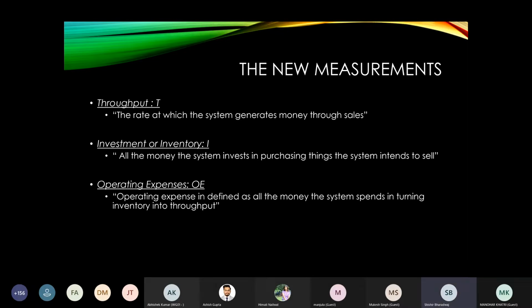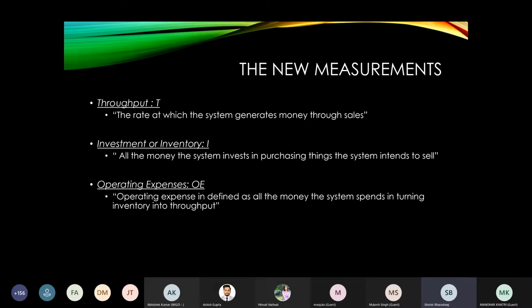And then operating expense is defined as all the money the system spends in turning inventory into throughput. You'll see here we're talking about the system as a whole, not departments. So all the money that the company or a system spends to convert inventory into throughput. So there's nothing called overheads. There's nothing called direct cost. There's nothing called cost allocation.